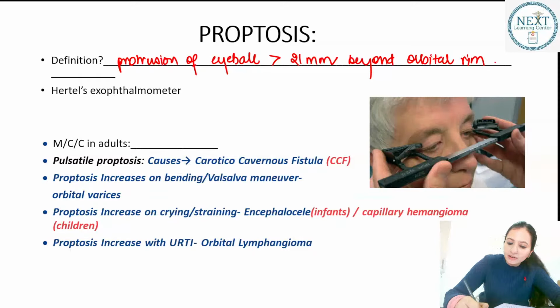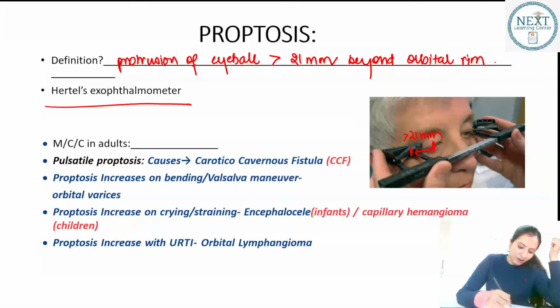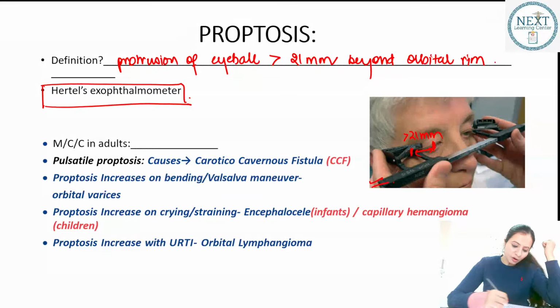So, if you calculate the distance here from the margin of orbit up to the apex of cornea, if this distance is more than 21 mm, you will call it as proptosis, and it is measured via Hertel's exophthalmometer, which is shown here. Most common cause in adults is Graves' disease.